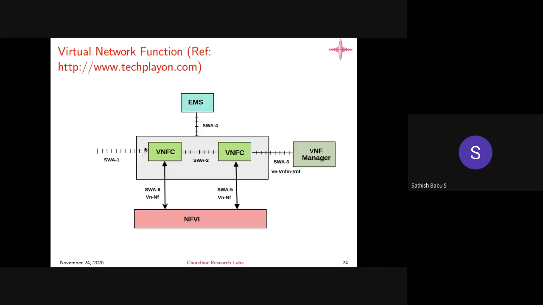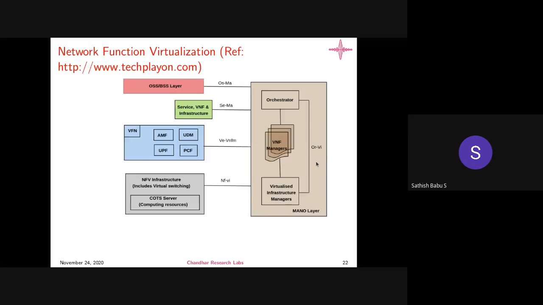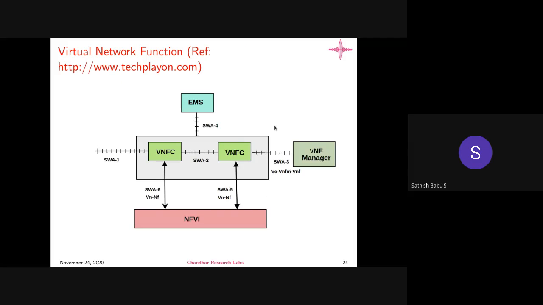So all the different types of virtual network functions will be communicating with your virtual network function manager. This part alone has been given as a separate diagram. Here I showed just two virtual network functions, but this can be plenty of virtual network functions.